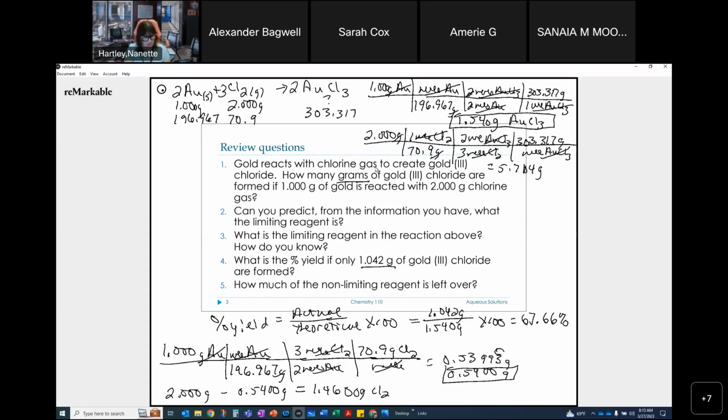And that gives me 303.32, if it's 0.97, but that's a different periodic table than I used the initial time. So it's 3 times the chlorine plus the gold. That's how I got that mass. Okay. Anything else?